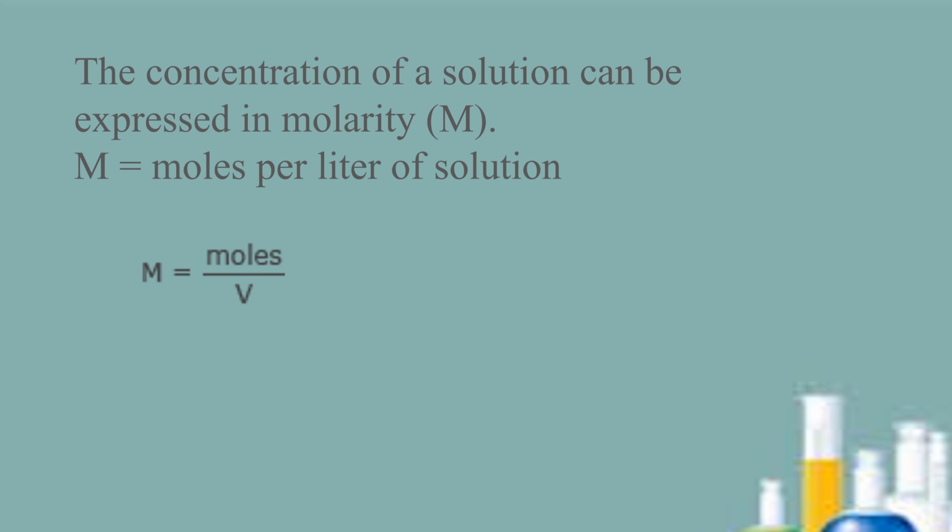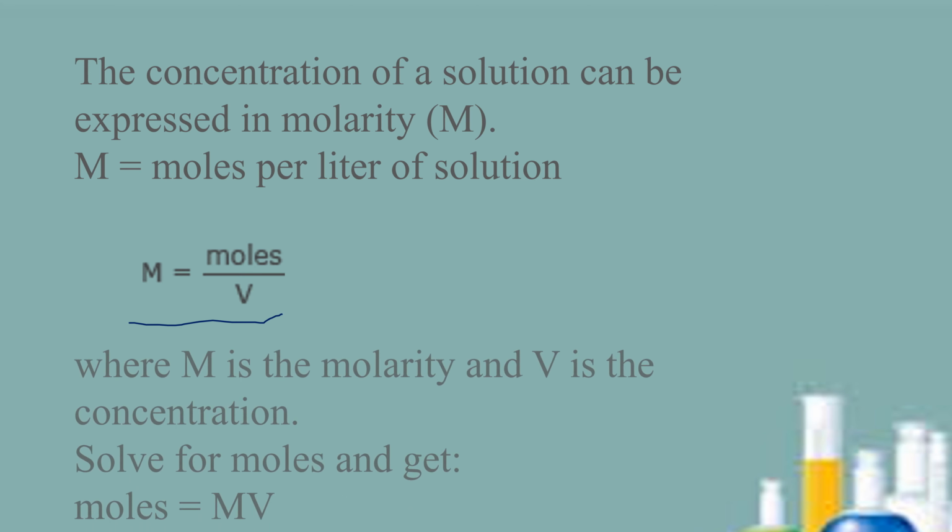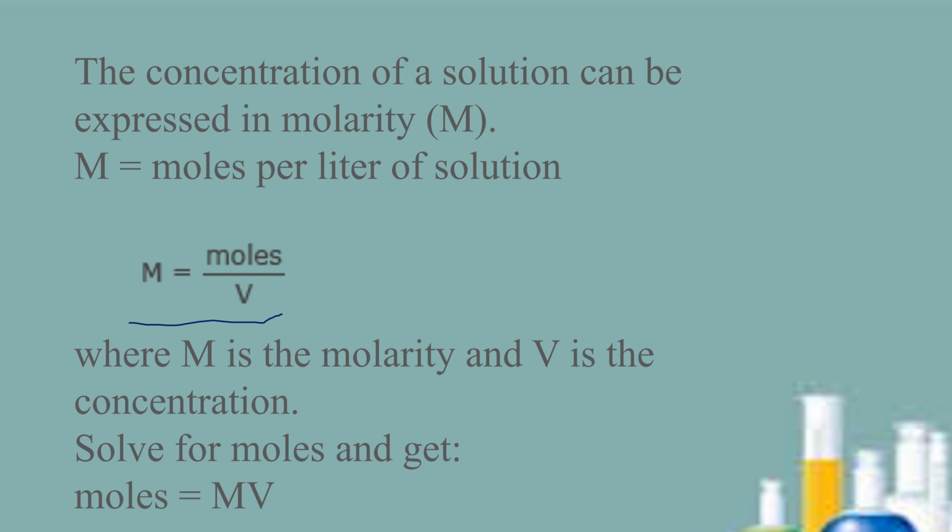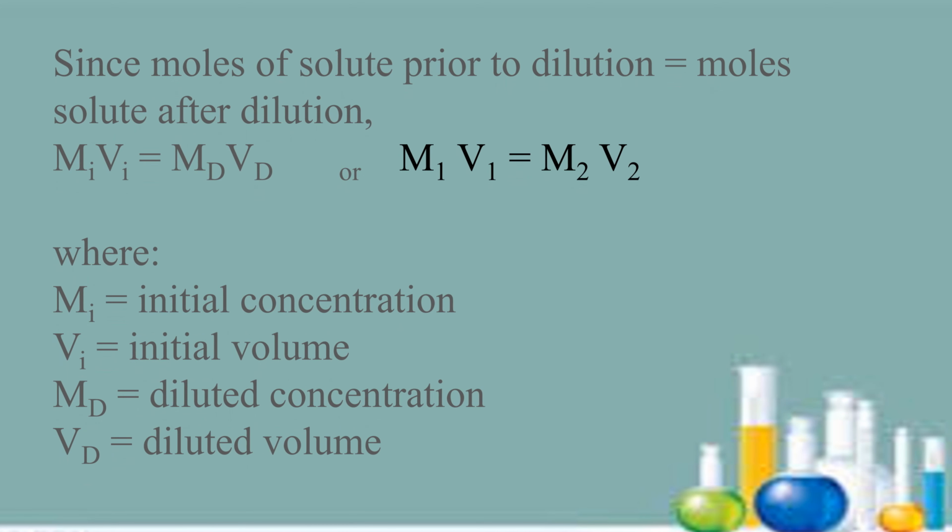Here's the formula for molarity, where M is the molarity, V is the volume, and the concentration. You solve for moles, and you get moles is equal to molarity times volume. Since moles of solute prior to dilution equals moles of solute after dilution, we can use the formula molarity times volume.